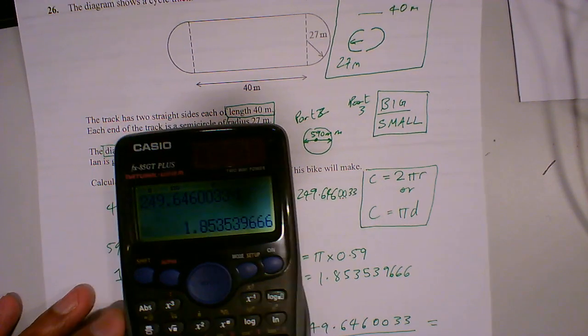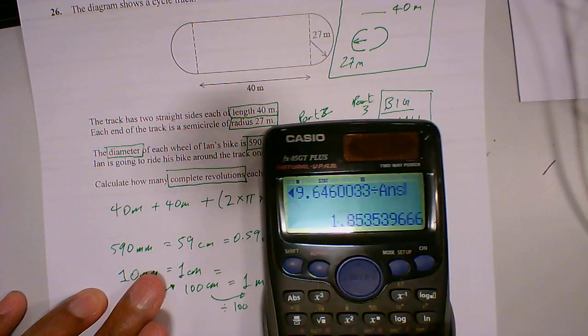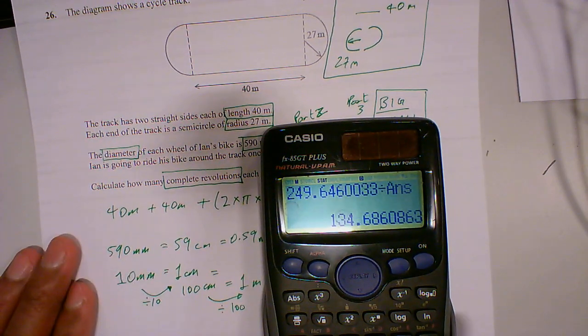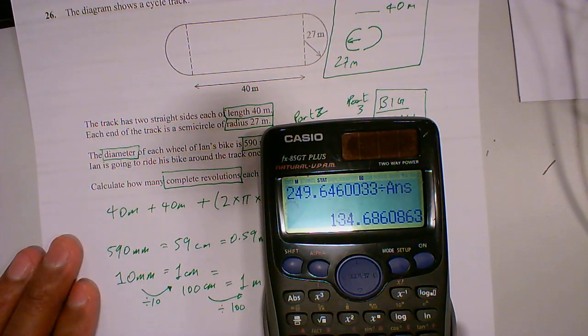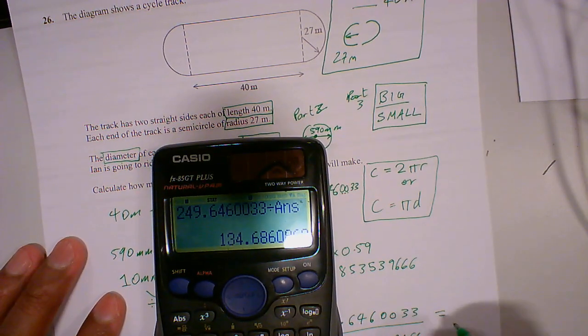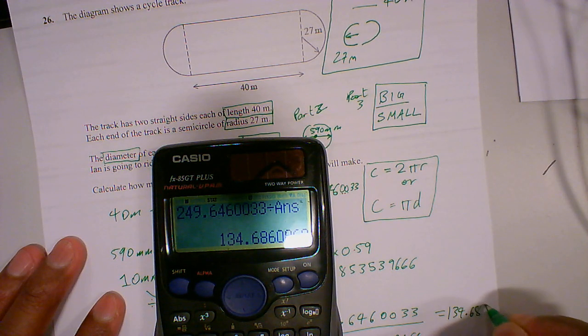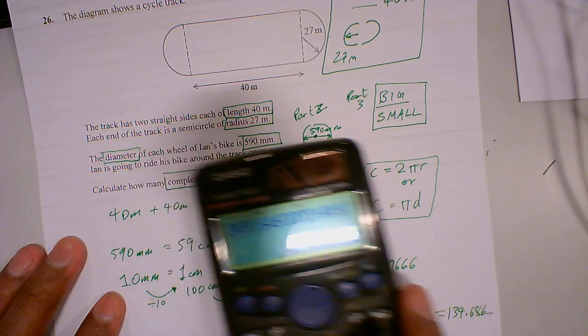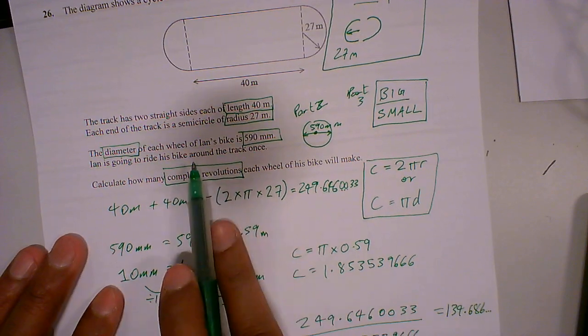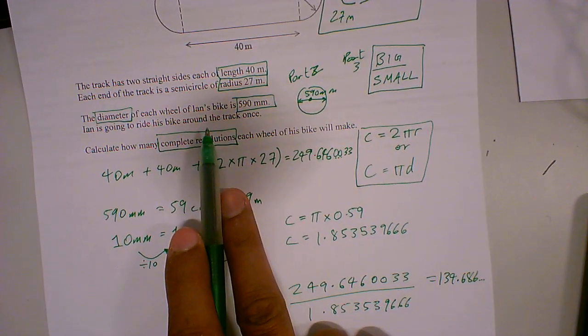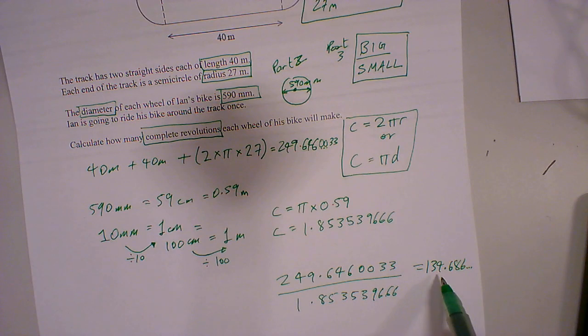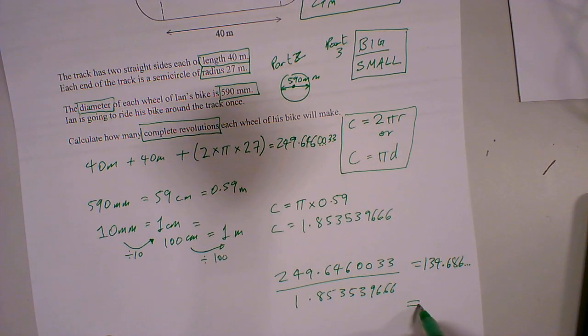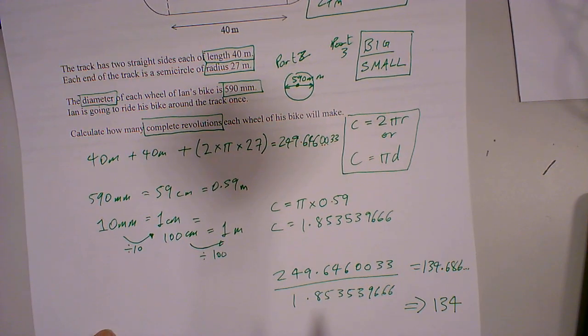The answer gives me 134.68, and it carries on. Now I go back to my question: how many complete revolutions? This is 134 point something. It's incomplete, so I'm going to round down in this case to 134. And that's how I get my final answer.